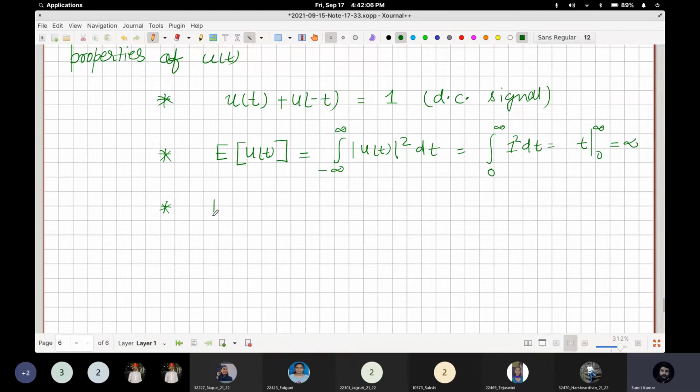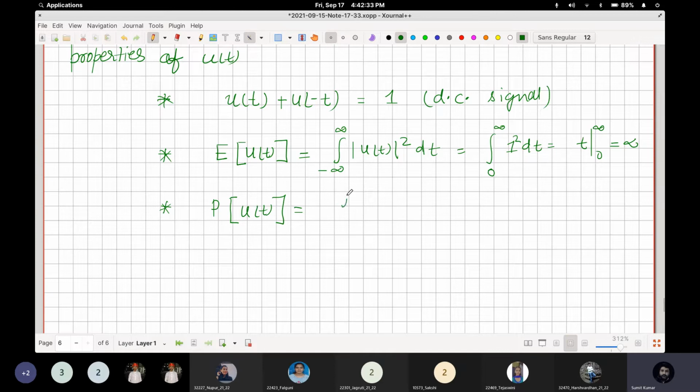Now what will be the power of u(t), the unit step signal? If you compute its power, let me just write this.